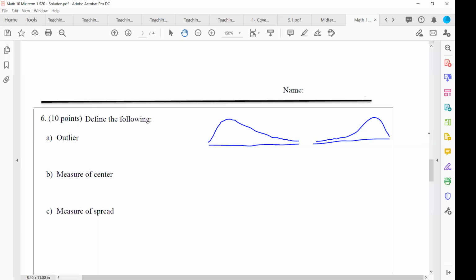Or you can just use a box plot, show that outliers in a box plot are denoted by dots. So suppose this is your box plot. These dots representing outliers.